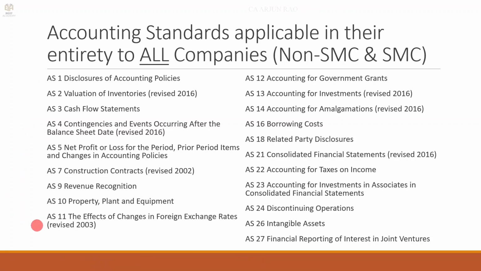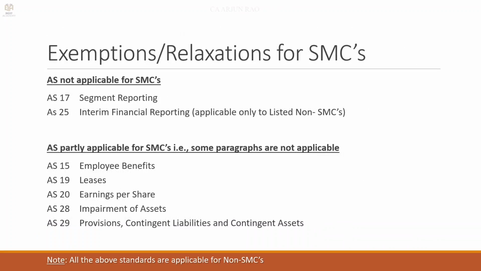So you can pause the video here and go through these two lists. Please note that all the standards are applicable to non-SMCs, all 27, and all 27 are applicable to level 1 also.